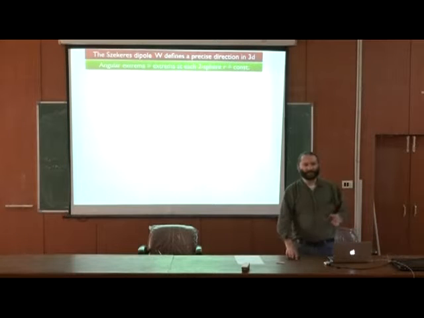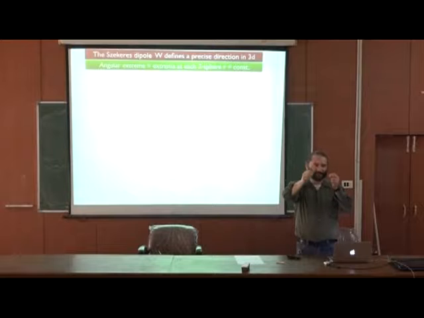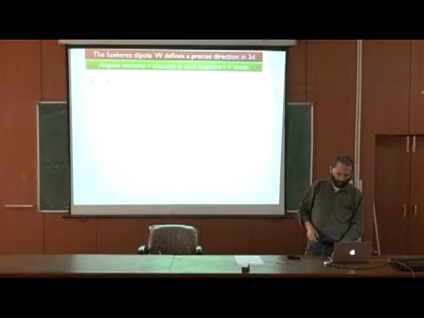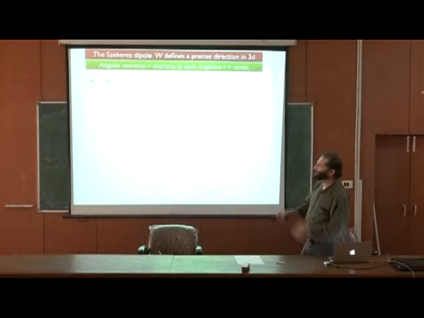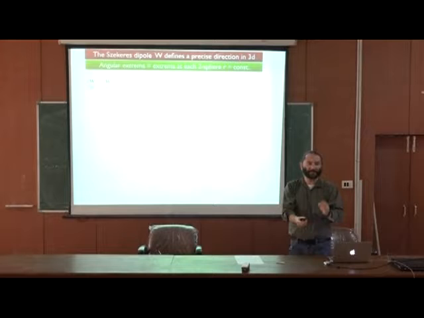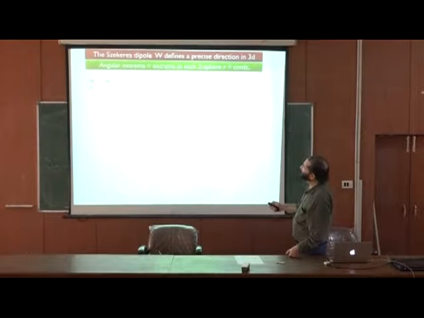Now, the Szekeres model defines a precise direction in 3D. I was telling you that this dipole is moving. So how do we find the direction which is moving? Well, let's take one of these spheres of constant radius, constant small r. If we make this condition, we look at the angular extrema.